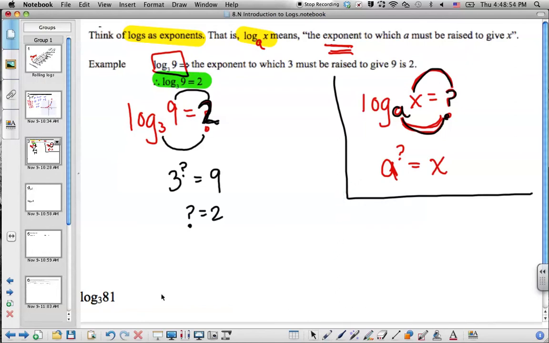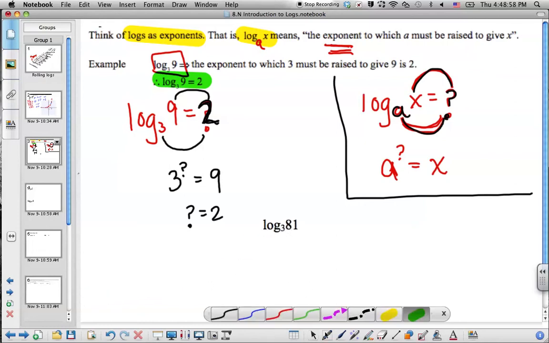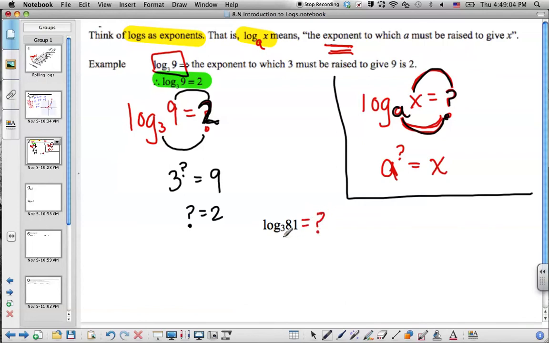All right, the other question we had here is log base 3 of 81. So let's try this again. To find our solution, we'll do the ear method. 3 raised to what power gives us 81? Do we know what that is off the top of our heads? 3 times 3 is 9, 9 times 9 is 81.